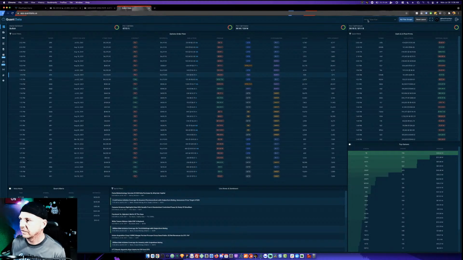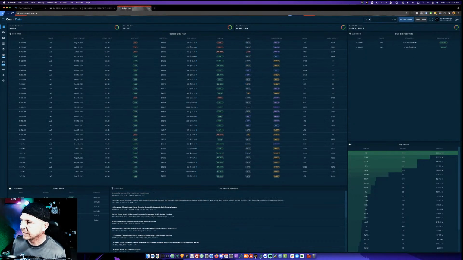Okay, so for example, LVS. Let's just do a filter for LVS, right? Looks like as of Friday, they had some dark pool prints coming in.